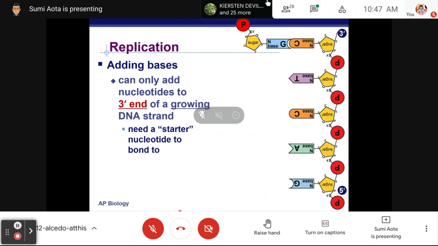But if you have another DNA already here, then poly 3 can attach the next DNA to the DNA that's already there. Okay? So that's why this G is here. It's a starter. It needs to be there so DNA poly 3 can attach the next base to something. Okay? Because it doesn't know how to start on its own.